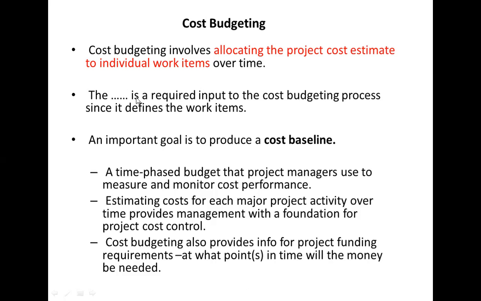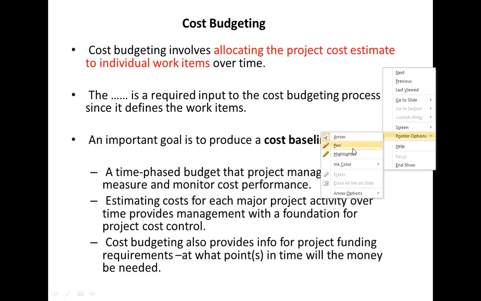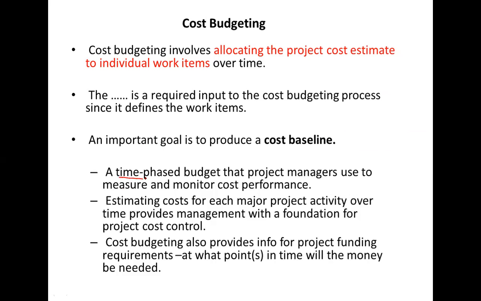So after we have these work items and the total allocation, we can determine or allocate money into each and every activity of the project. So an important output is a cost baseline. So what's a cost baseline? It's actually a time-phased budget.